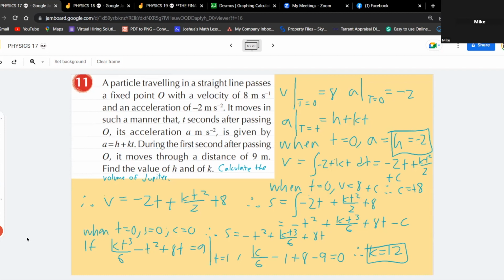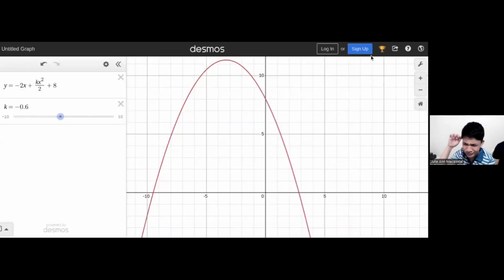Kaya, may papakita lang ako sa iyo na graph. Na ginraph ko yung velocity function. Kasi di ba may nakuha ka? Ang grinaph ko po rin, para siyang cubic, sort of.